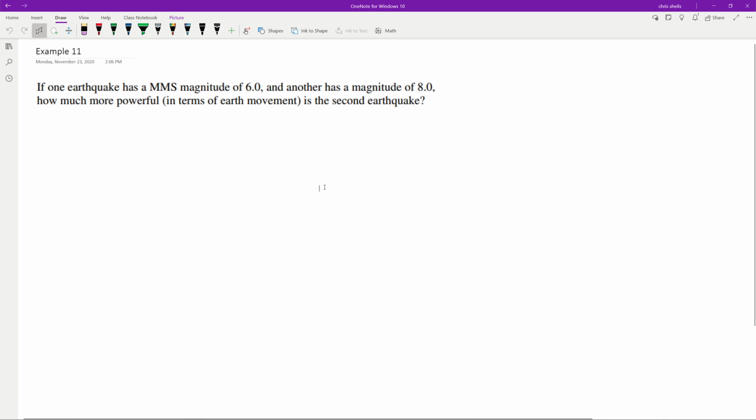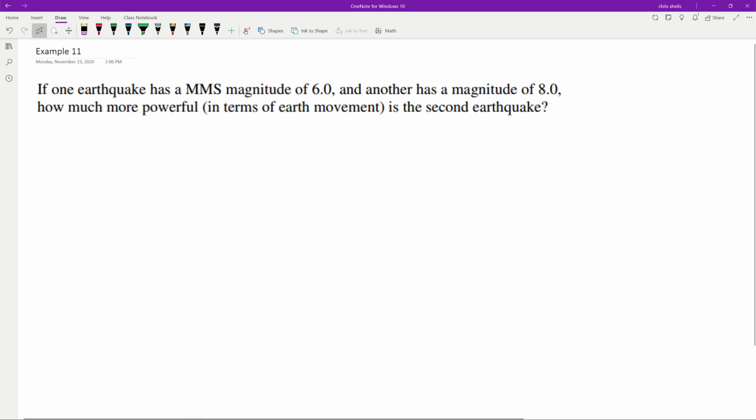Looking at an example of how to use this. If one earthquake has an MMS magnitude of 6.0 and another has an MMS magnitude of 8.0, how much more powerful is the second earthquake? So for the first earthquake, we can find the amount of earth movement for that quake. We'll call that S sub 1 instead of just S. This will be the amount of earth movement for the first earthquake.